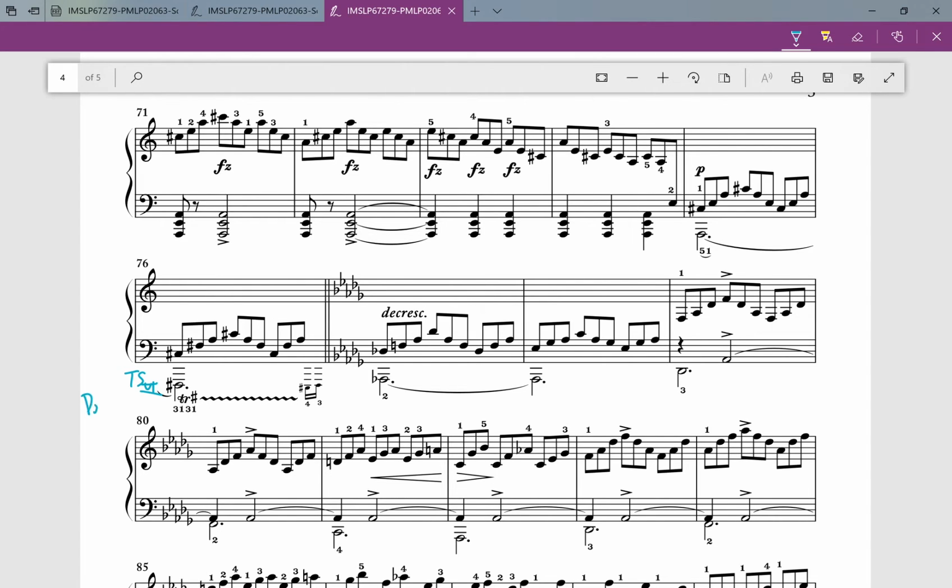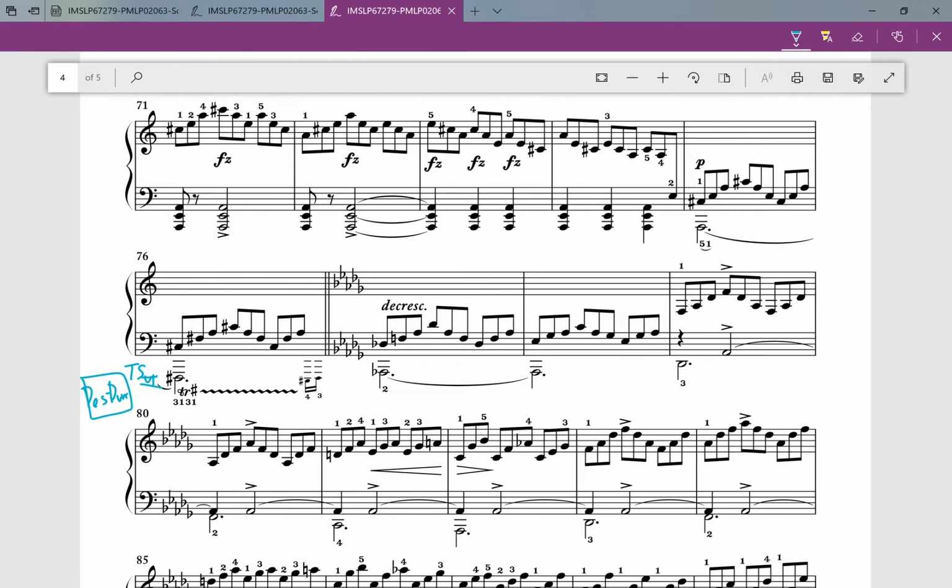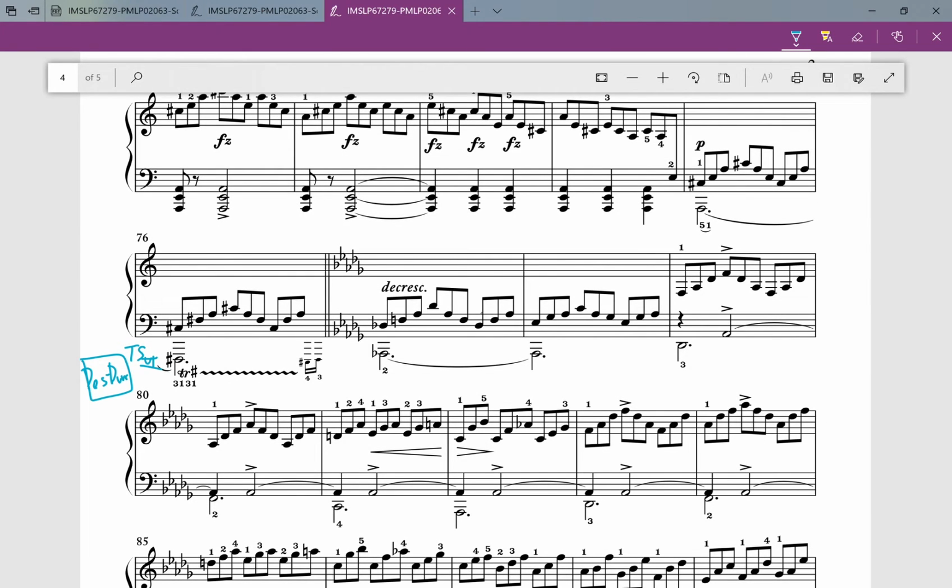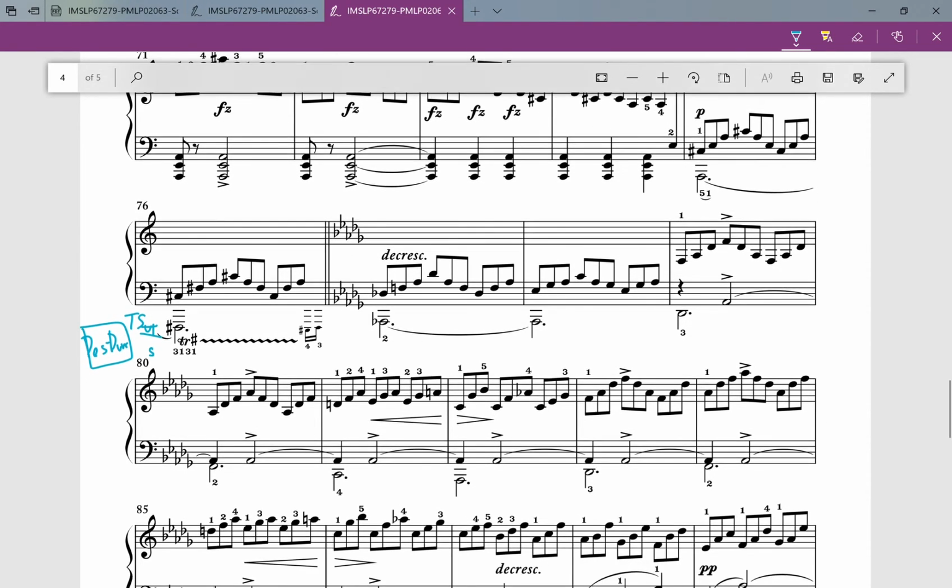So this is a modulation to the key of D flat, in fact harmonic major, because the first chord, this F sharp minor chord is, again, we've said this before, harmonically equivalent to a G flat minor chord. So if it's a G flat minor chord, then this is a minor subdominant here, and then we have cadential 6/4 here, and then resolving to dominant 7th, and then resolves to tonic.